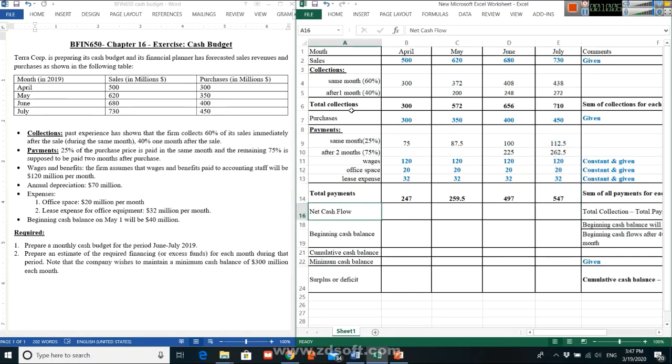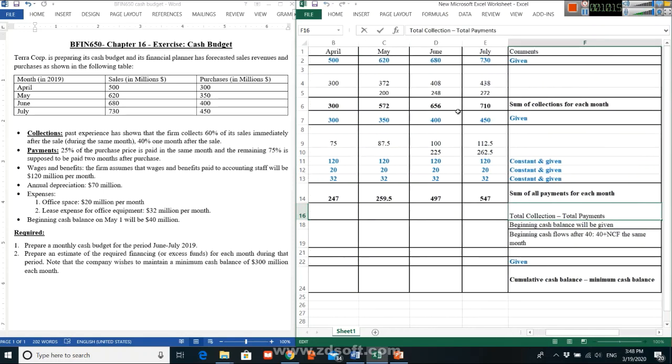Okay, so now we will calculate the net cash flow, which is, as written in here, total collection minus the total payments.